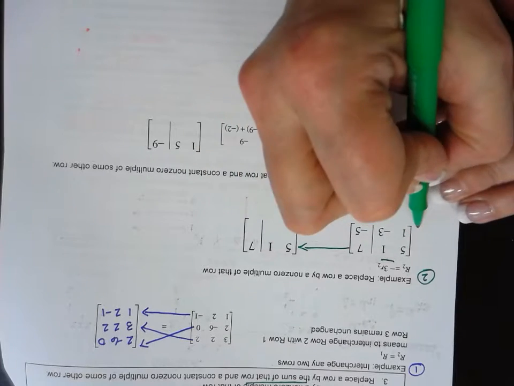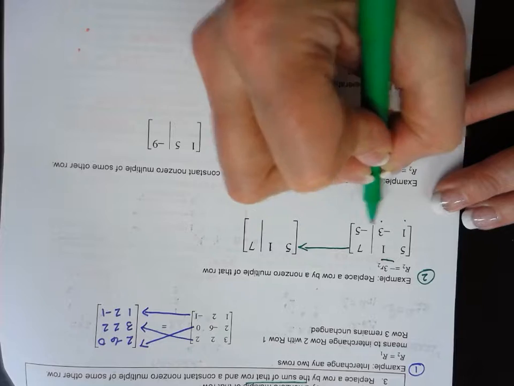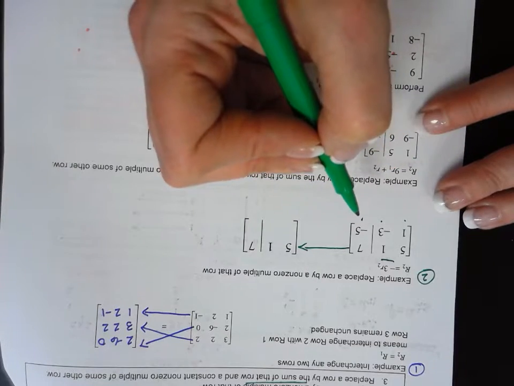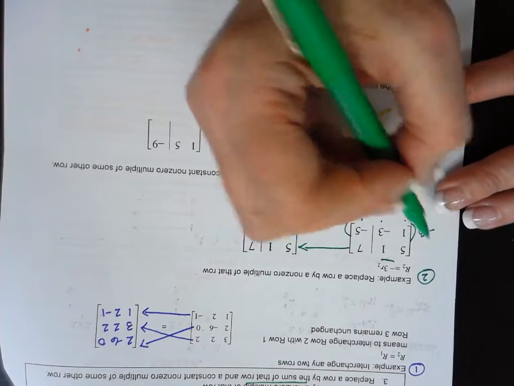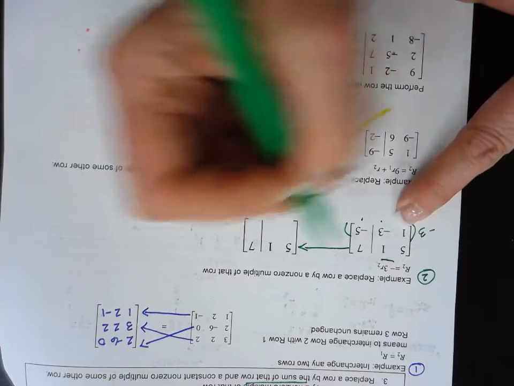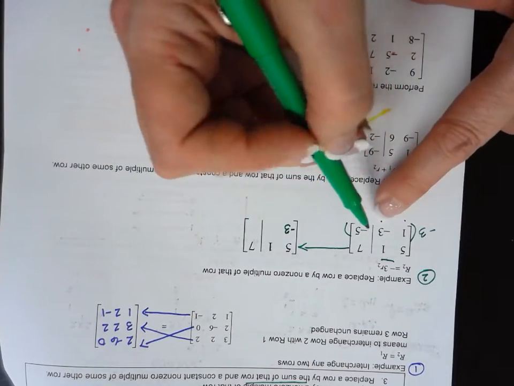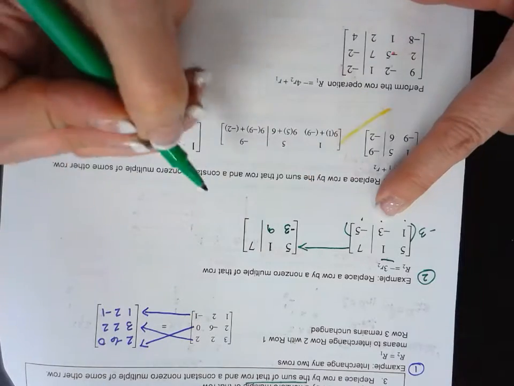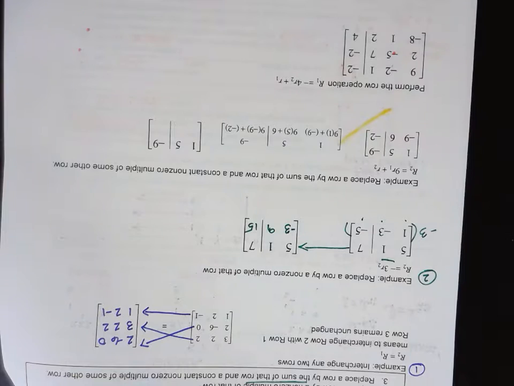It only affects, for this one, row 2, and you have to do the multiplying to every single element. If you want to think about it as like I'm multiplying by -3, that's fine. So -3 times 1 is -3. -3 times -3 gives me 9. And -3 times -5 gives me a +15.